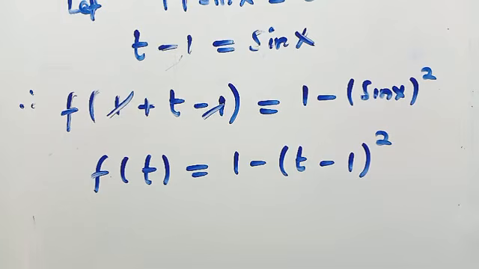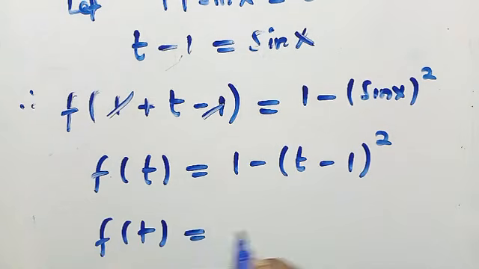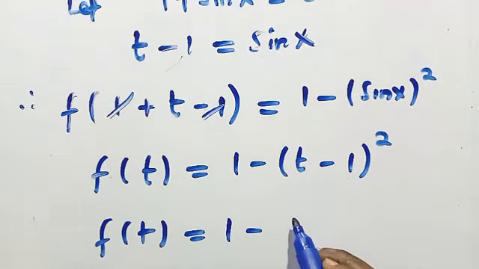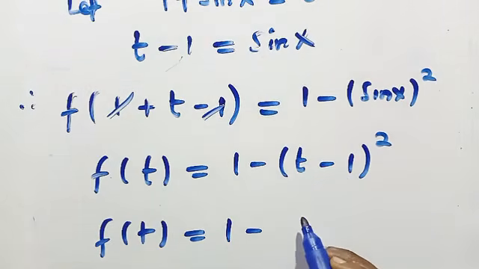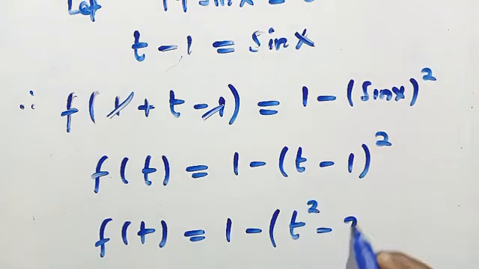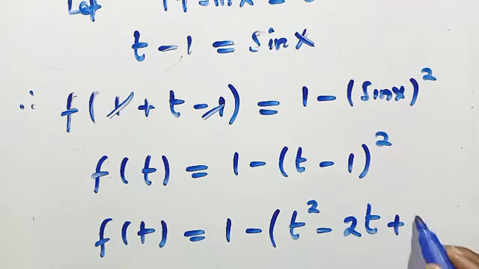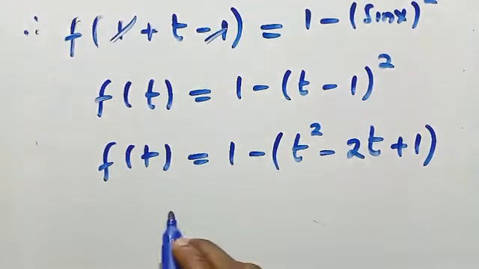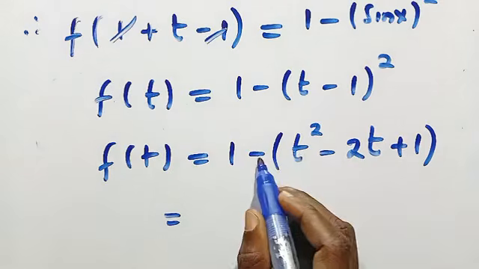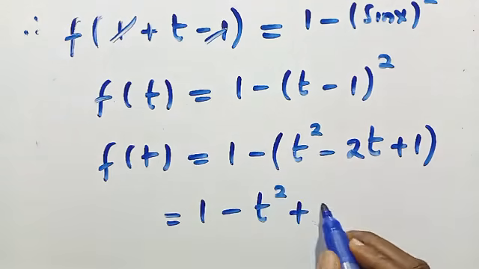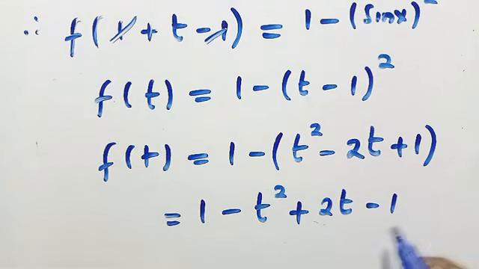When we proceed by expanding t minus 1 squared, we have 1 minus t minus 1 squared. Multiplying it out twice, we get t squared minus 2t plus 1. Then we open this with the negative: 1 minus t squared plus 2t minus 1.